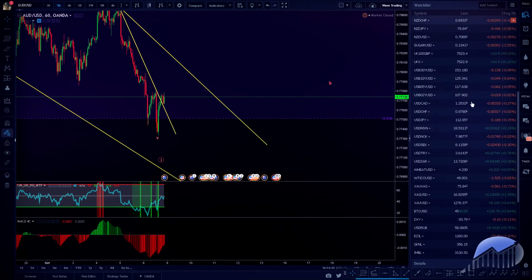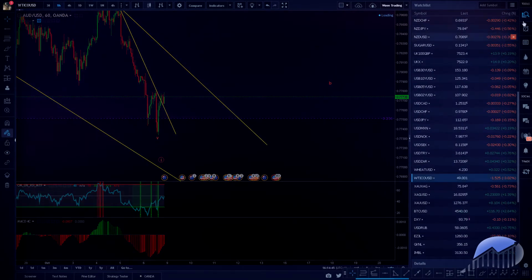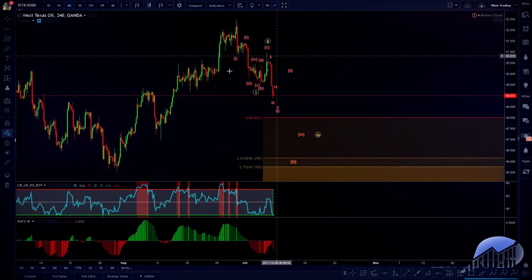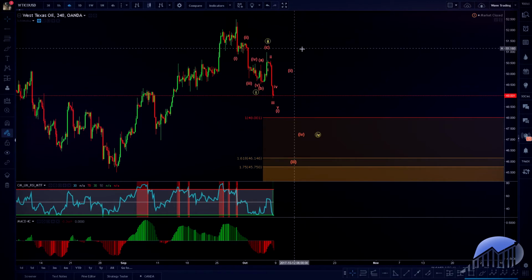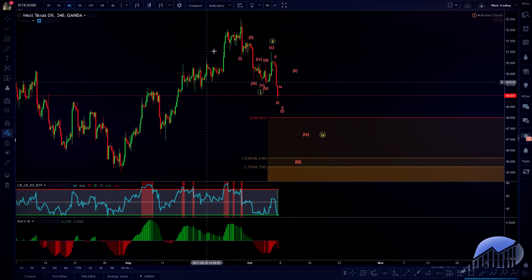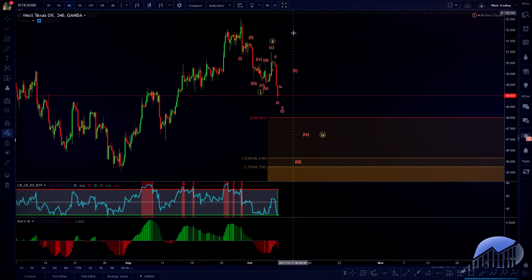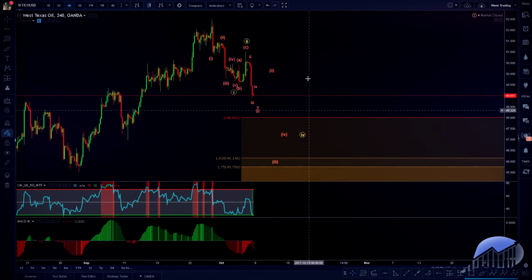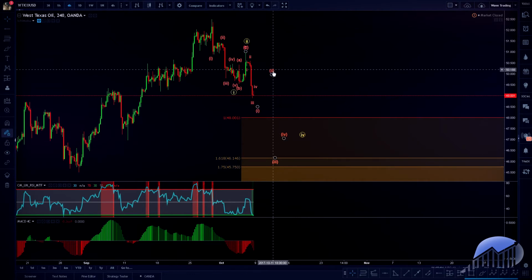Next is crude oil. Now this one I've actually been following on my other chart almost perfectly. If you want to see that chart, just send me a message or leave a comment or something, and I'll send you a picture of the chart.